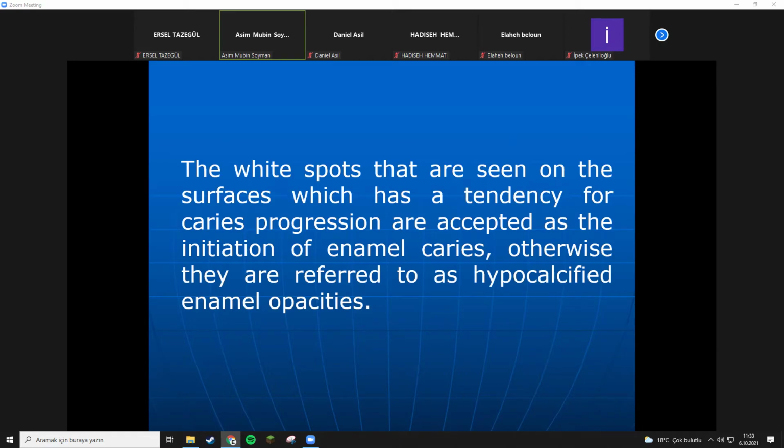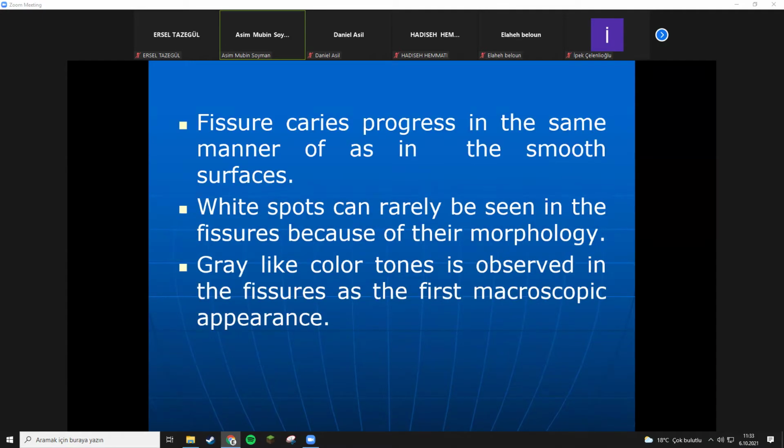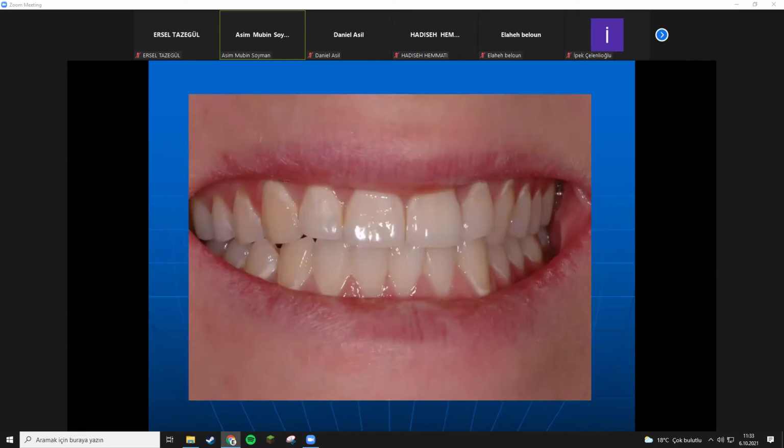For instance, now let's get back. Here, these are white spots, and these are the initiation of dental enamel caries because food accumulates here. And we know the neck of the tooth is a very good region for this accumulation. Generally, white spots can be seen here for the initiation of dental enamel caries.